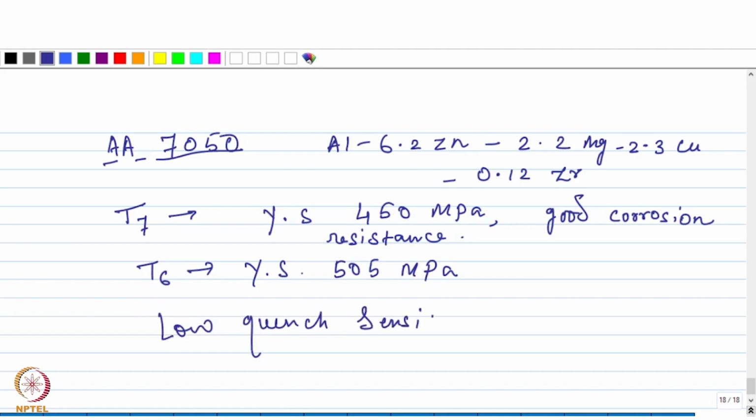This is to say that the alloy can be easily quenched, and you can form the supersaturated solid solution all across the thickness of the material, right?